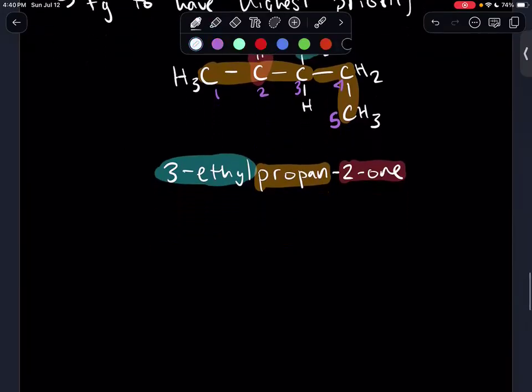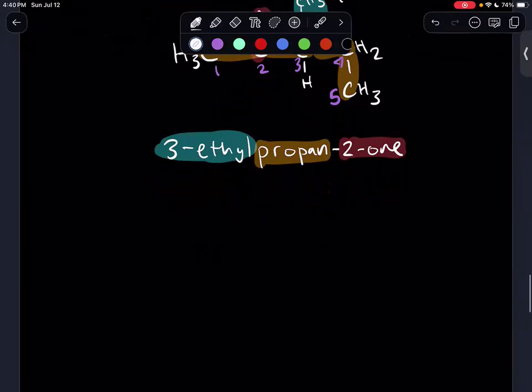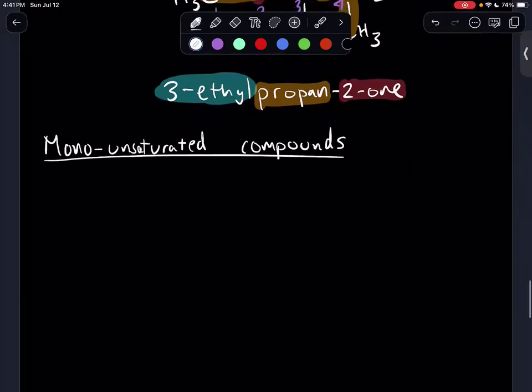All right, so priority will start getting a little more complicated as you do more organic chem. So let's talk about monounsaturated compounds. That's all you'll really see in the DP when you have a lot of different priorities going on.